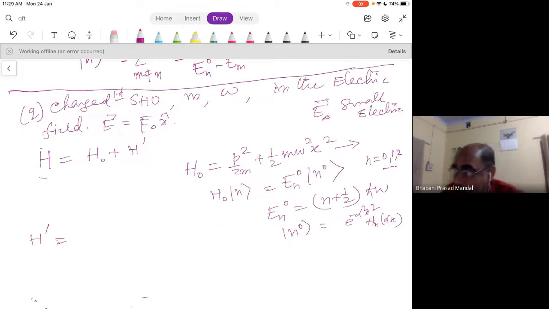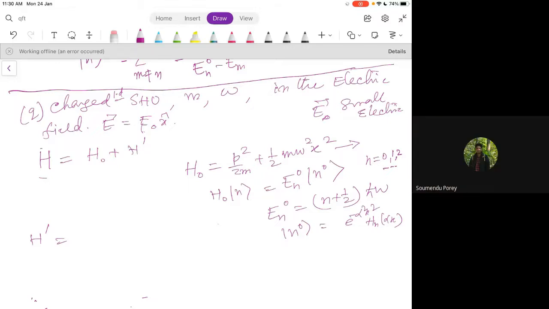Hamiltonian is energy, right? When you have a charged particle in the electric field, you will have... Pokhar Singh, what will be H prime? Sir, minus q E0 x.